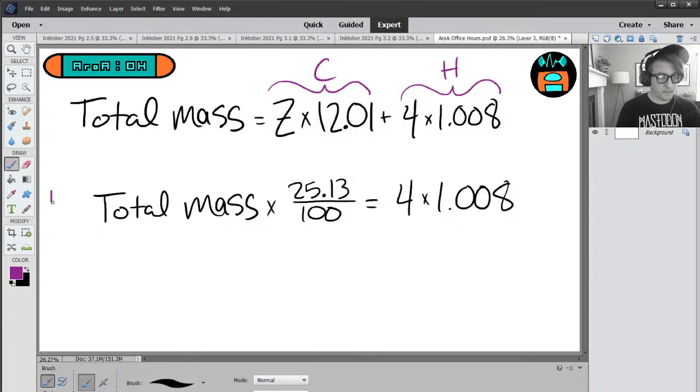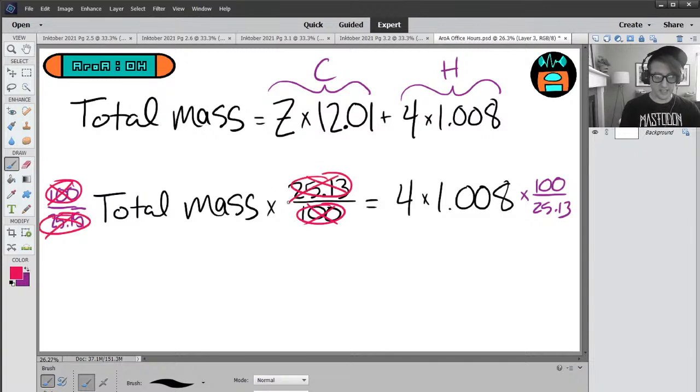If we multiply both sides of the equation by 100 over 25.13, you'll notice that we isolate total mass on one side of this expression.